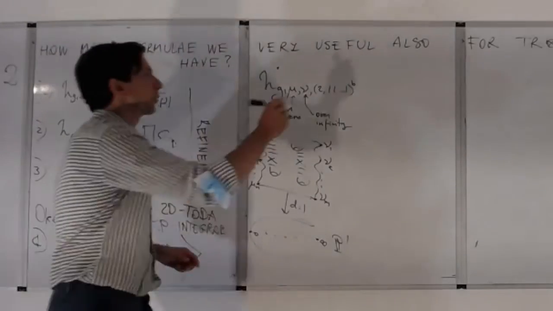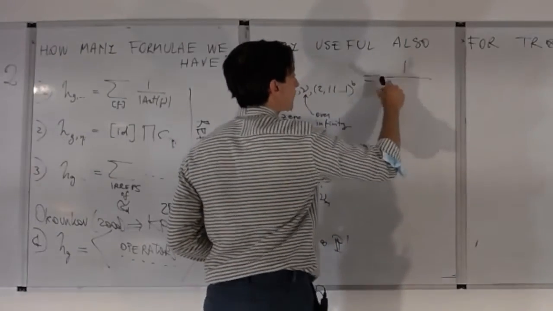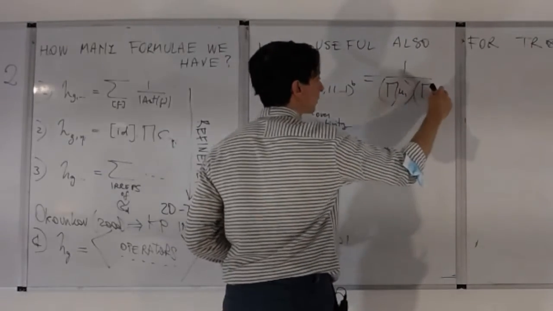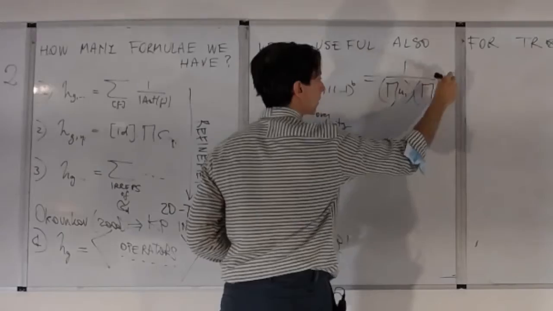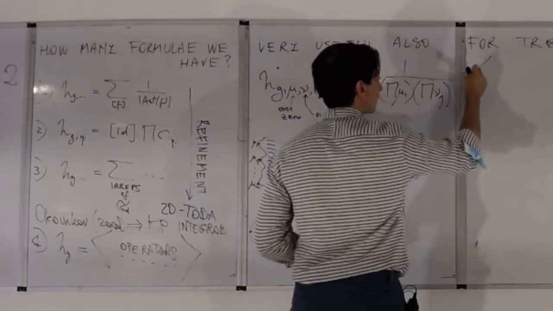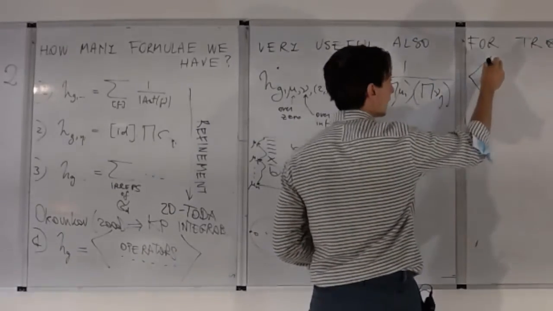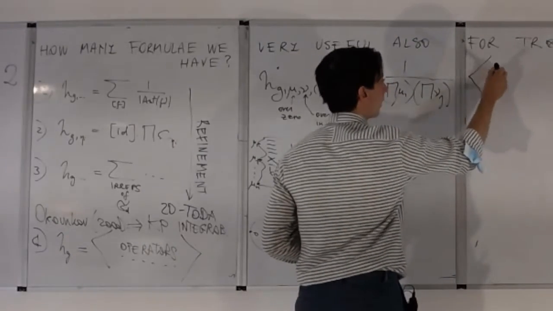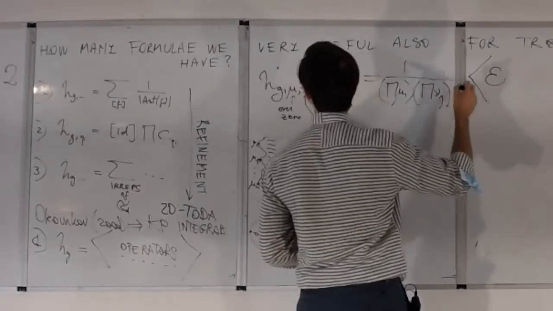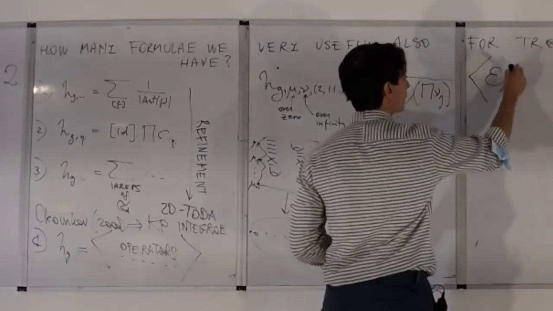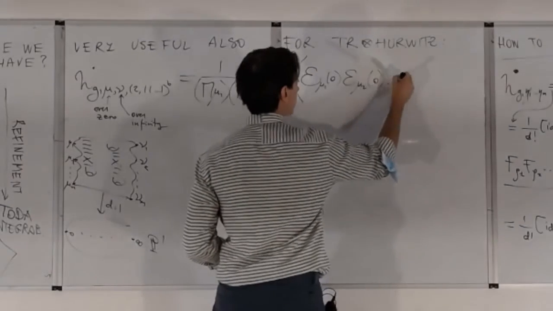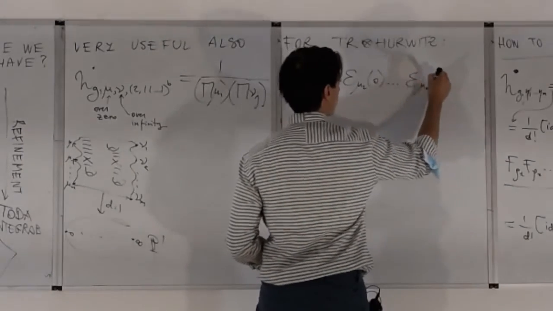And this is equal to 1 over the product of the mu_i's times the product of the nu_j's. And then you take this vacuum expectation, and I will write some symbols, then I will explain how they behave. You take curly E of mu_1 in 0, curly E of mu_2 in 0, up to curly E of mu_n in 0.